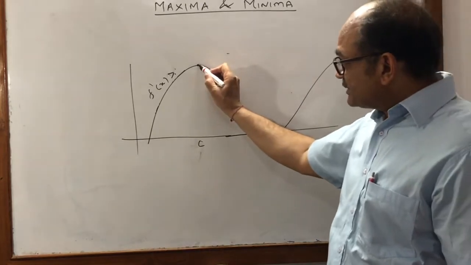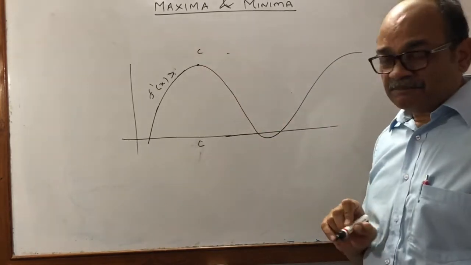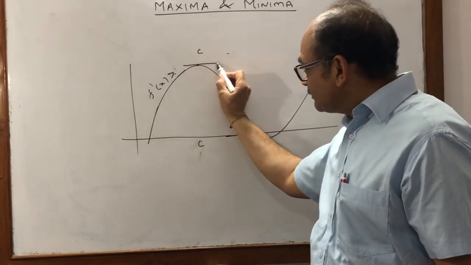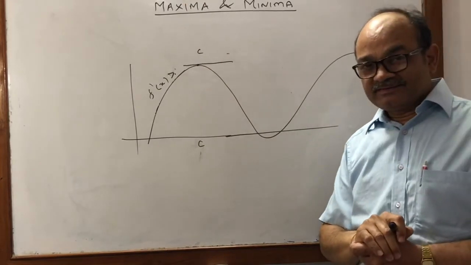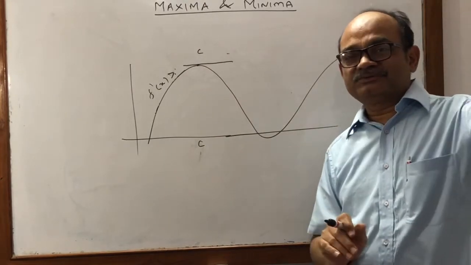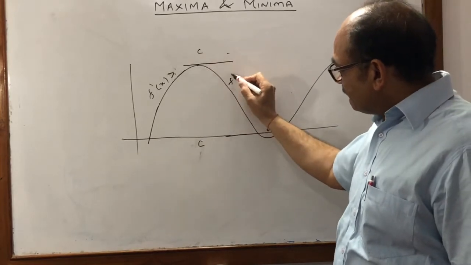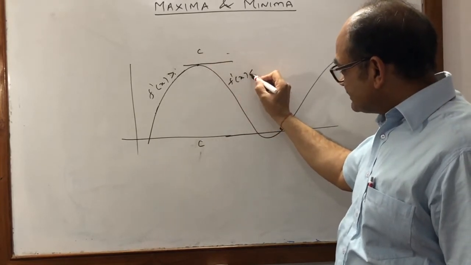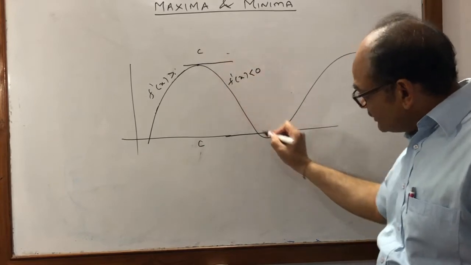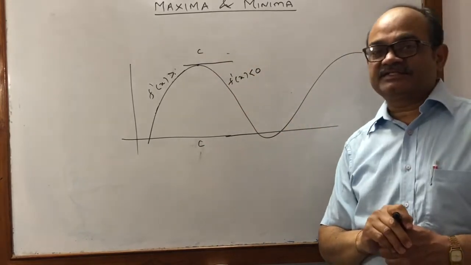At the particular instant C, f dash c becomes 0. Why? The tangent line is parallel to the x-axis. And after that, f dash x is less than 0, because the function is going downward and is decreasing.